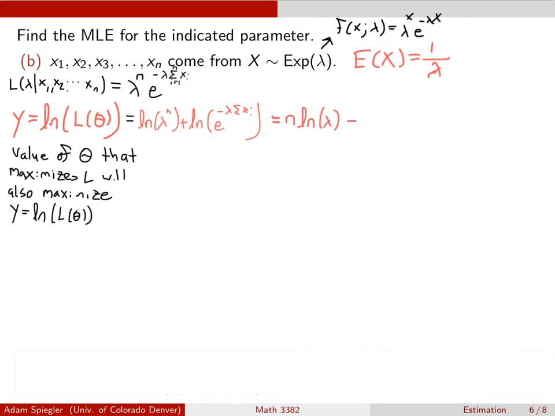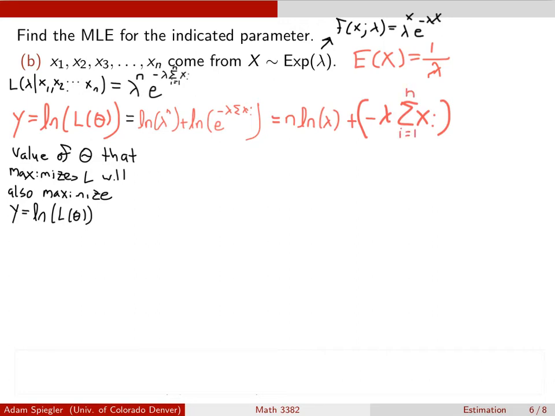And for the second term, if I take the natural log of e raised to any power, they're going to undo each other. So I'm going to get n times the natural log of lambda plus negative, and the power here was lambda times the sum of the xi's. The natural log and the e are inverses of each other, and all that we get is minus lambda times the sum of the xi's. And I'm being a little bit lazy here, but we have n observations, so i is going from 1 to n.